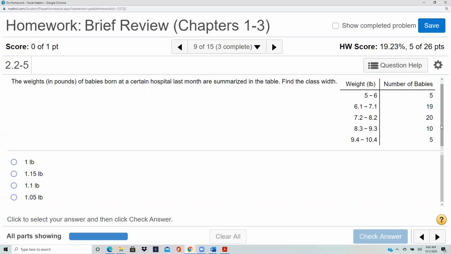The problem with selecting horizontal is that you see there are these gaps. So when this one ends at 6, this one starts at 6.1. So it doesn't tell you the exact thing. So you would do the horizontal when they are drawn on the graph because then they are written without gaps. But in the table, we look vertical.